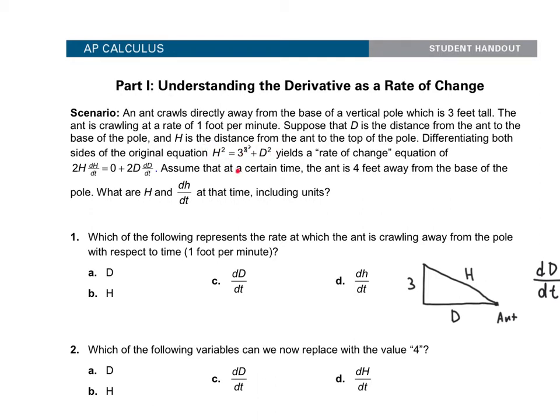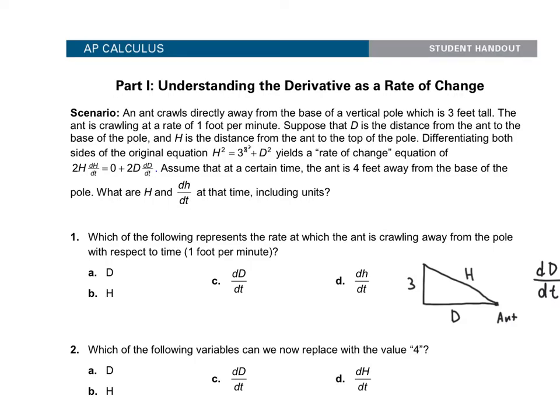So this original equation relates the values of the original variables. When you differentiate, this gives you the relationship between the rates of change of the variables and the variables also. That's why they called it a rate of change equation, because it just involves rates of change.